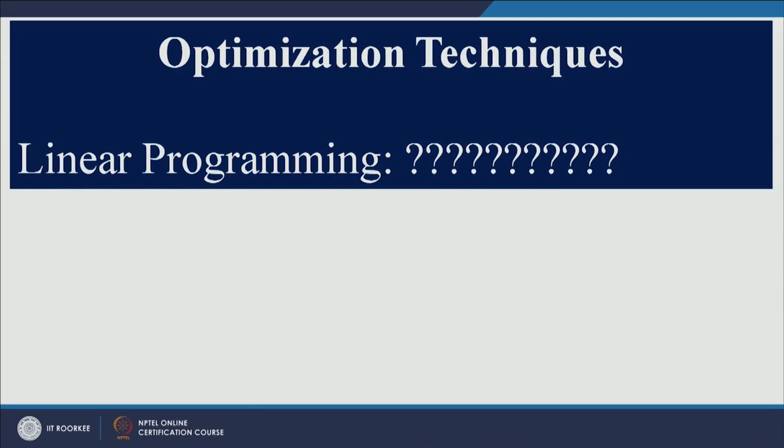Now, let us look at a couple of other project selection techniques, and we'll see a couple of optimization techniques, and one of the techniques is linear programming, a very widely used technique. So, let us look at what is there in linear programming.